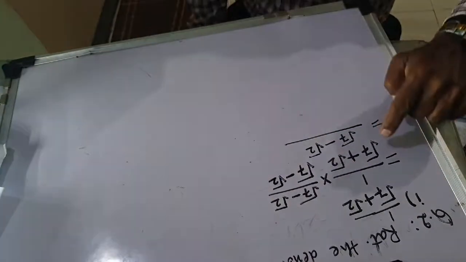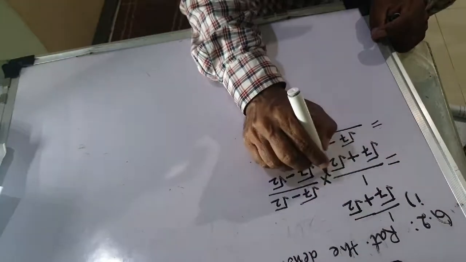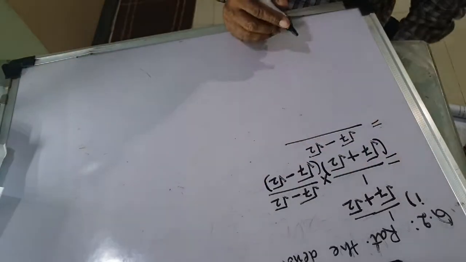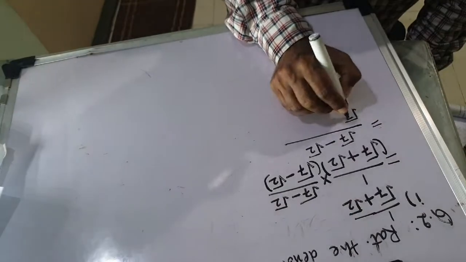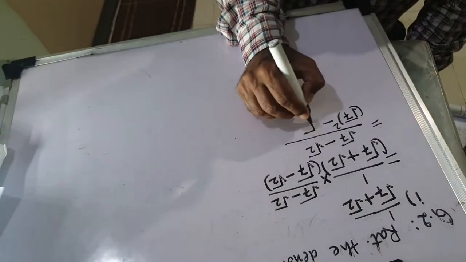Now here it is a plus b and a minus b. It is the multiplication, and we know that a plus b into a minus b is a square minus b square. So this is root 7 square minus root 2 square.